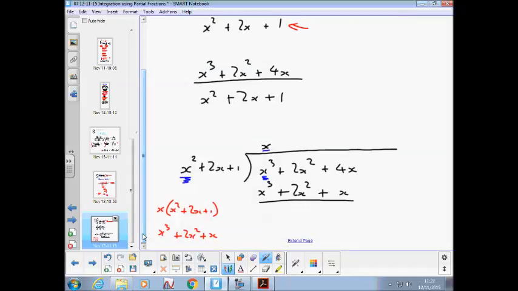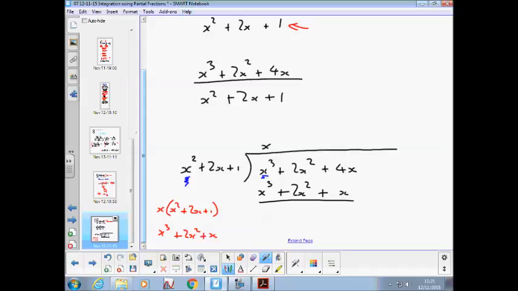And then I ask myself, well, what is x times this? It's this. Now I need to work out the remainder, so I'll put it underneath. Notice that these are the same. They have to be the same. I made them the same. That was the whole point. I asked myself the question, what have I got to do to this to get this times by x?